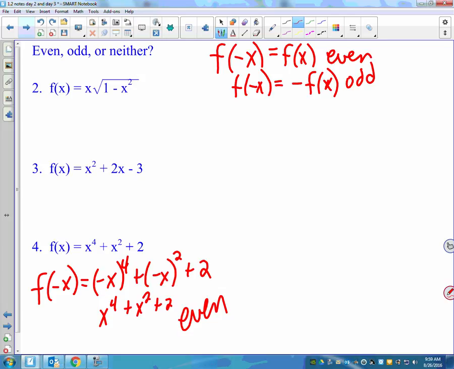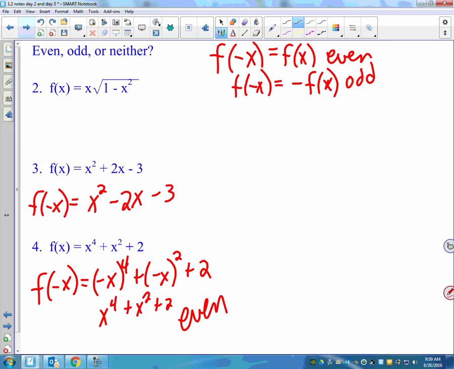What about on this one? If I plug in negative x in here, the x squared is going to stay the same. What happens to the 2x? Because 2 times negative x would be negative 2x, and then the 3 has to stay the same also.